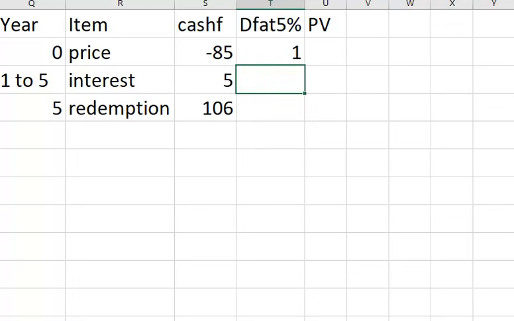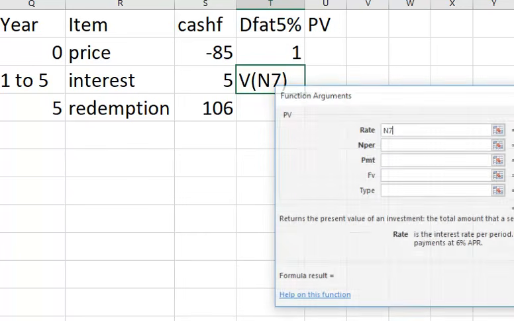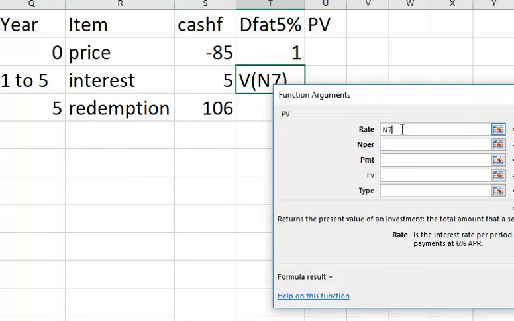So I'll go to home, back, formulas, financial, then PV. Okay, so rate 5%. Remember to put it as a percentage. NPER is the period, 5 years.